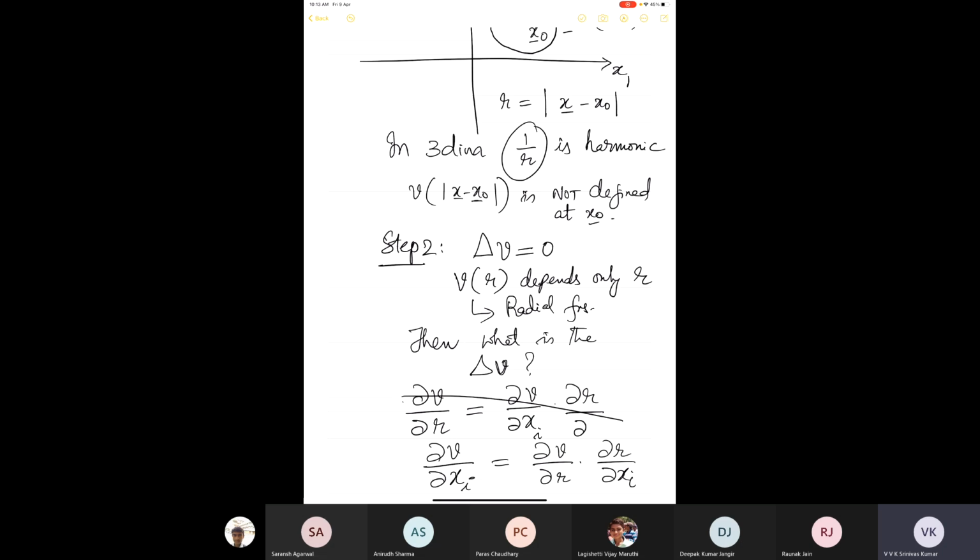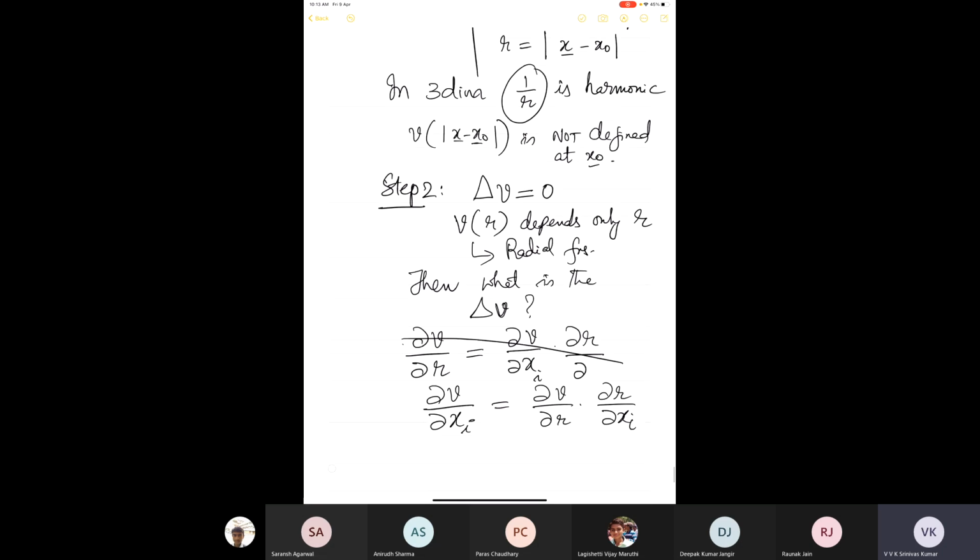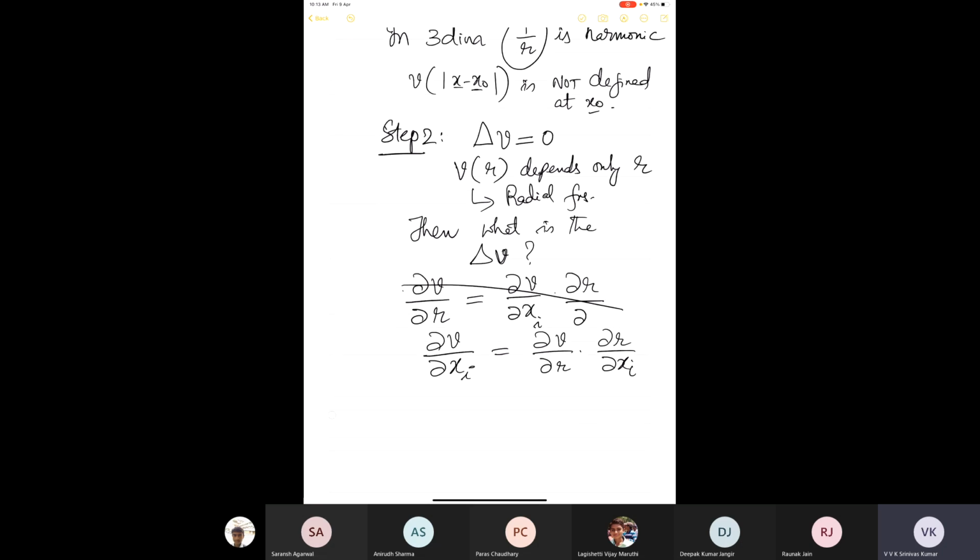Because we want the Laplacian of v, and v is a function of r only, this is v prime of r.